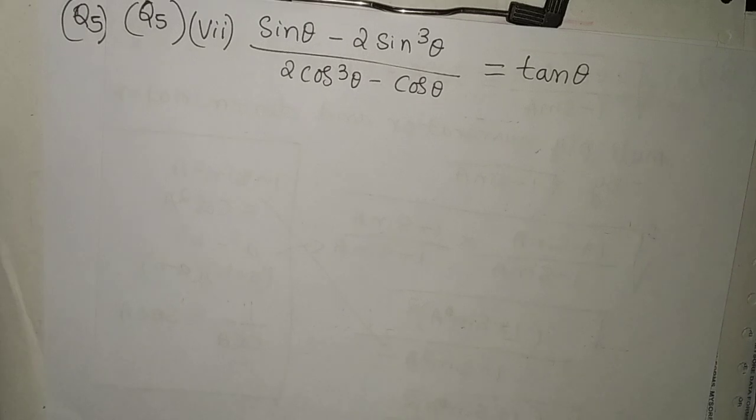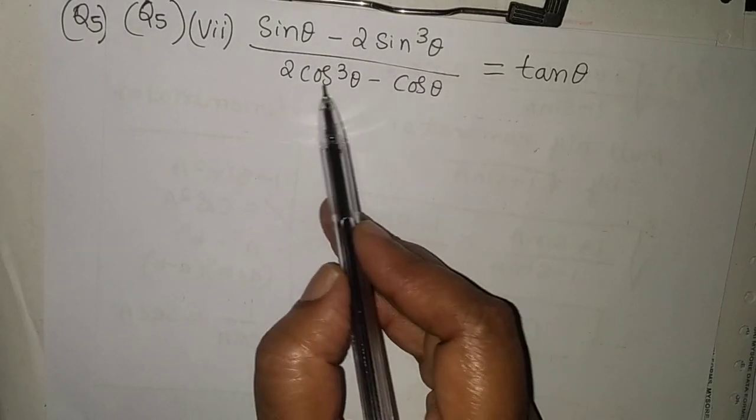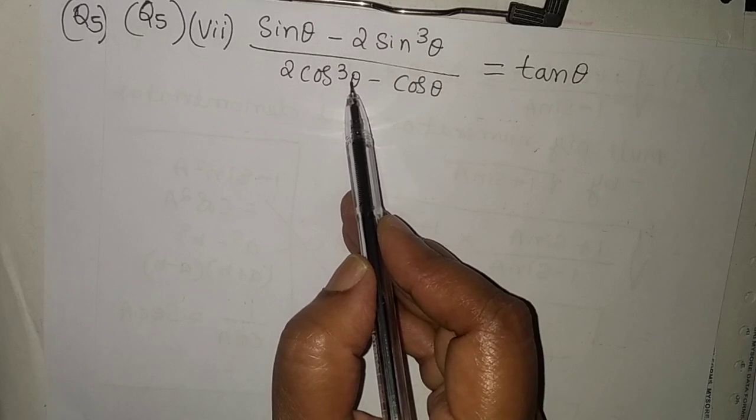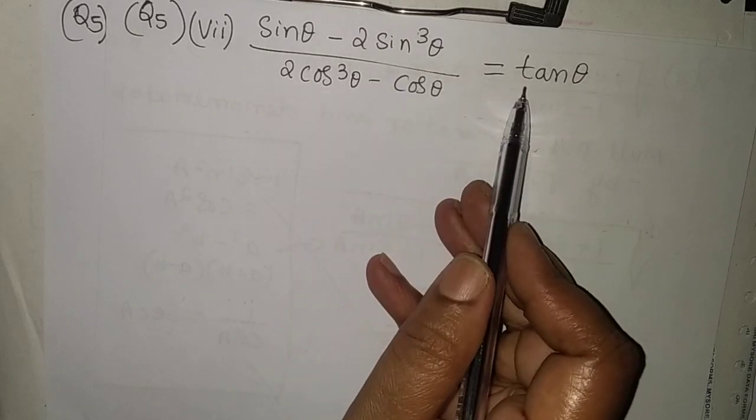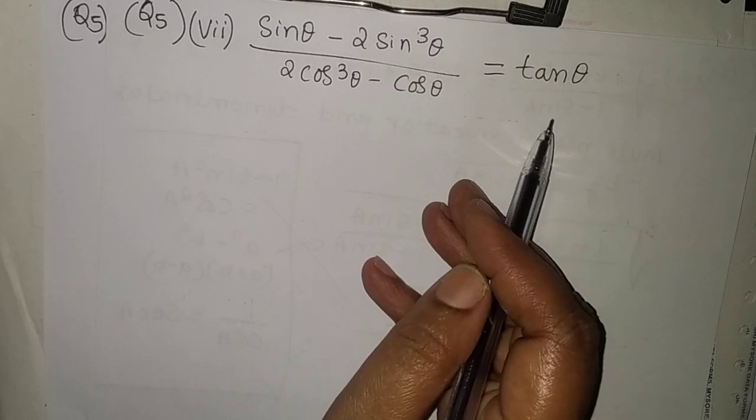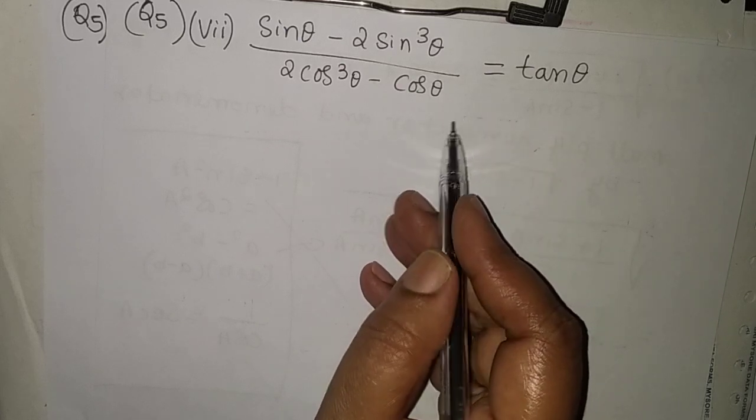The seventh problem is (sin theta minus 2 sin cube theta) by (2 cos cube theta minus cos theta) is equal to tan theta. So we'll see how to solve this.